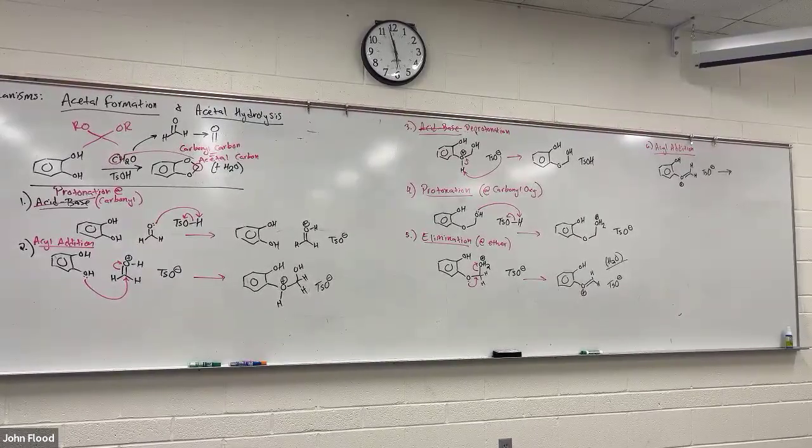Say it again. This came from the lone pair of the alcohol. Nice. See how the lone pair actually helped you? Because both these alcohol groups would have a lone pair on them. Nailed it. So would it look like this then? Perfect. Now draw it.